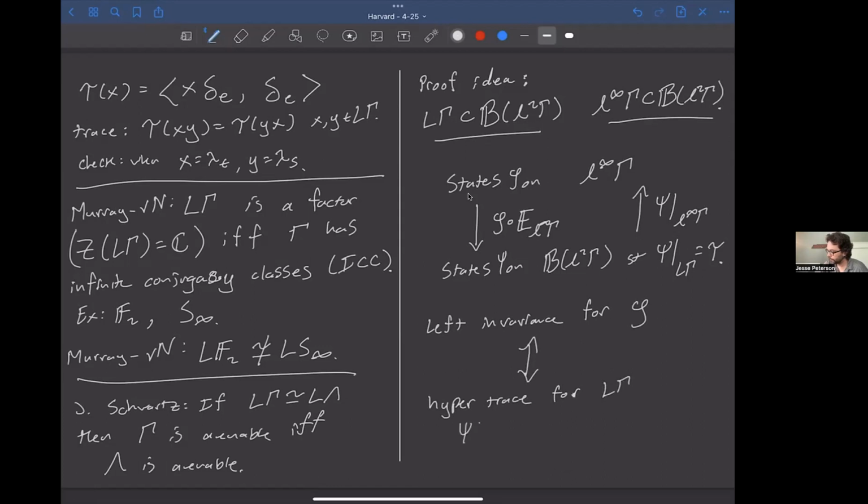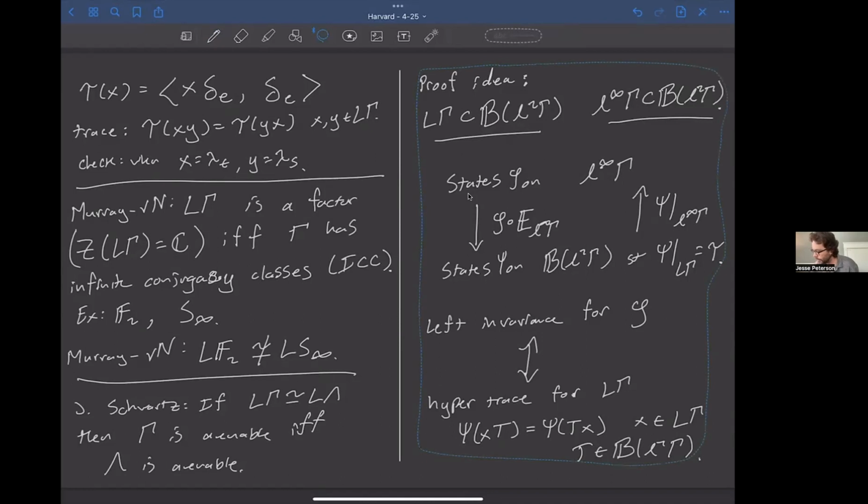Meaning that not only is this a trace when you restrict it to L gamma, but it still satisfies this traciality property for x in L gamma, and T now can be any bounded operator. And you can go back and forth. Given a hypertrace, you get this left invariant state, and given a left invariant state, you can construct this hypertrace in this way. And so you can see that amenability is exactly realized in the framework of von Neumann algebras in this way.